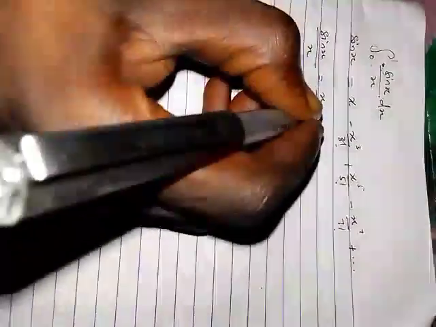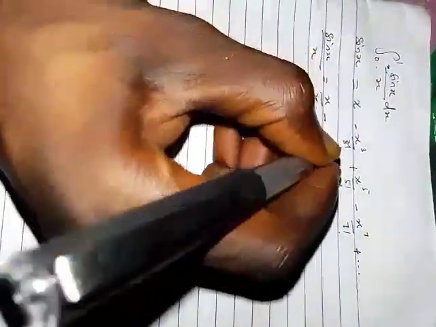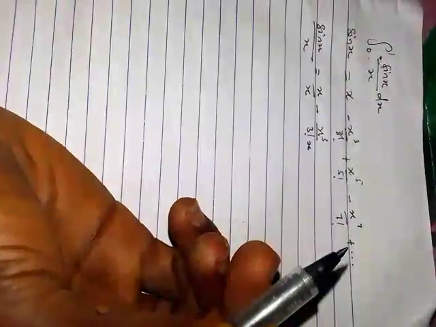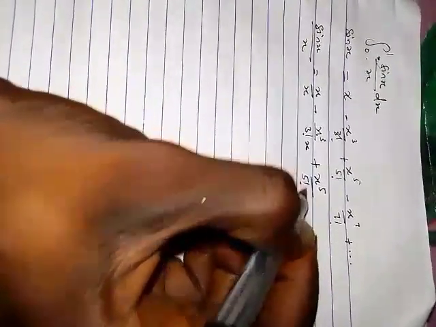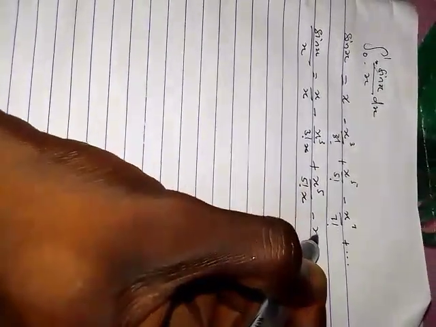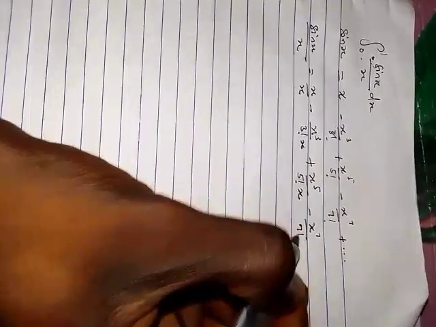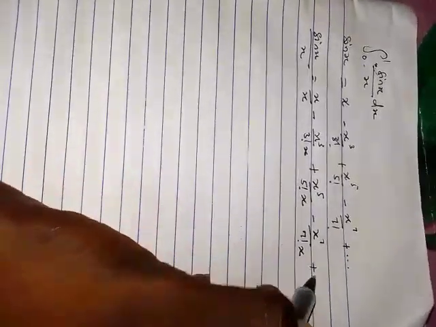And that's going to be what? x all over x minus x cubed over 3 factorial x, we are dividing by x, right? Plus x to the 5th power over 5 factorial x minus x to the 7th power over 7 factorial x plus to infinity.